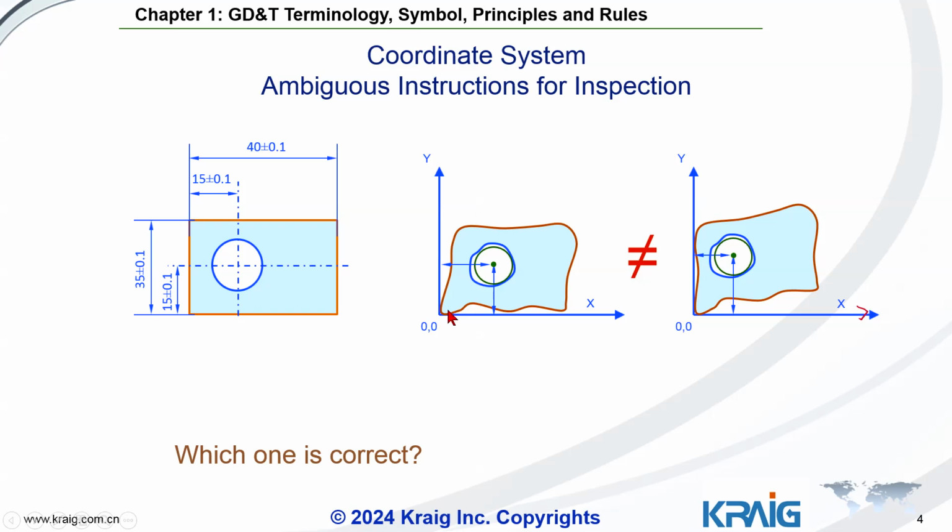Number one, you can push this side against a gauge or the marble table, and then you push this side to this surface. You can imagine there's a gauge here. This is a gauge surface. You push against this side first, then number two you push to here, and then you measure the center of this hole to the surface. This is number one method.